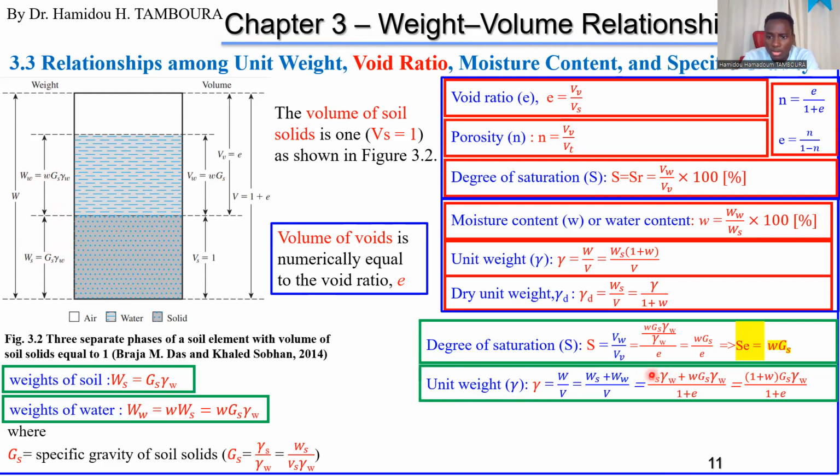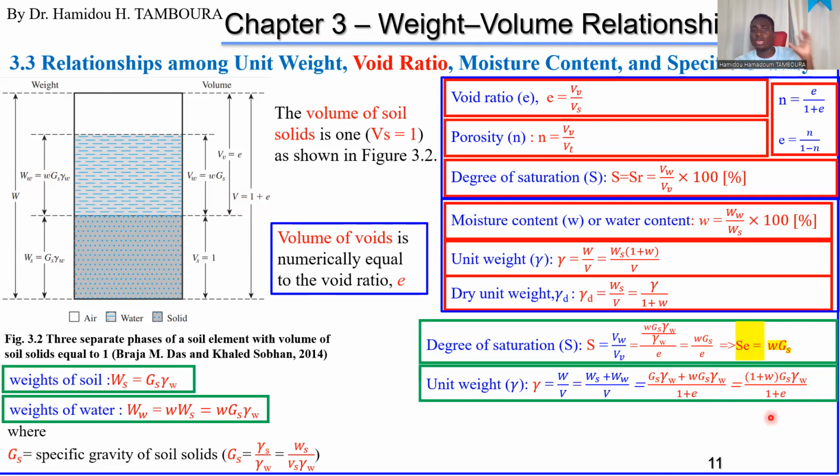Weight of solid is Gs gamma w. S is for solid, sorry, not soil. Plus weight of water, which is here, divided by the total volume. The total volume is V, it's here, 1 plus e. So by simplifying this, you can get easily this formula.